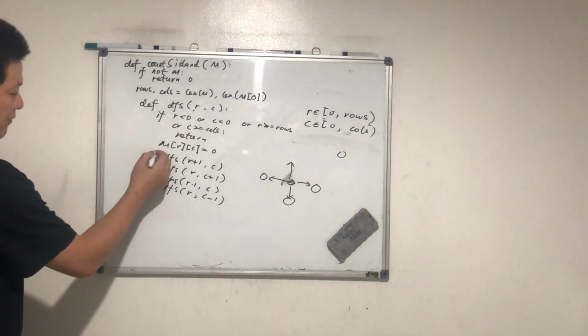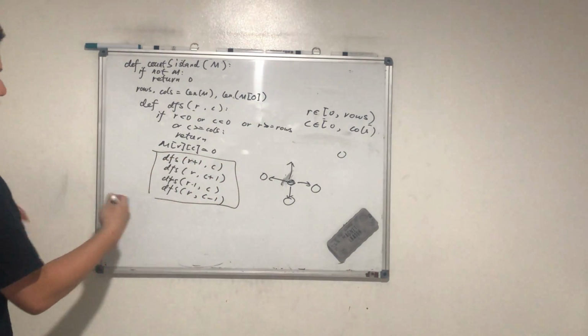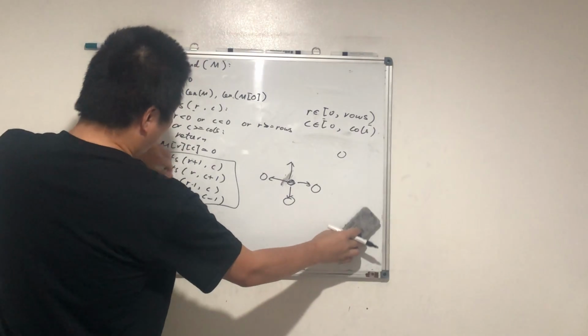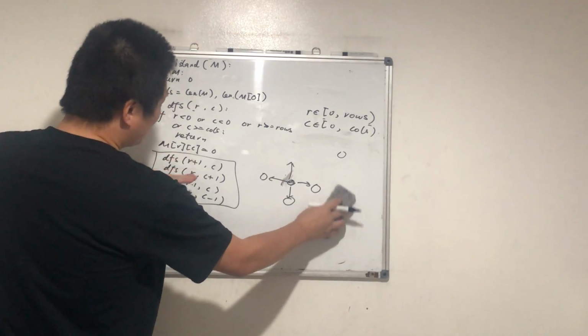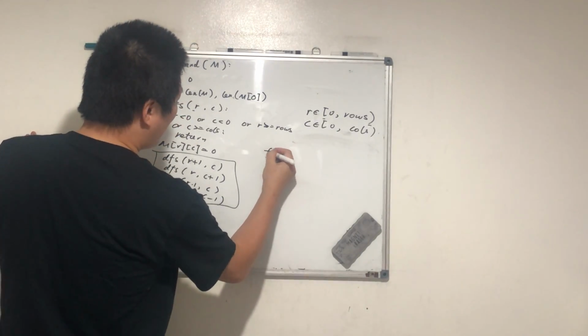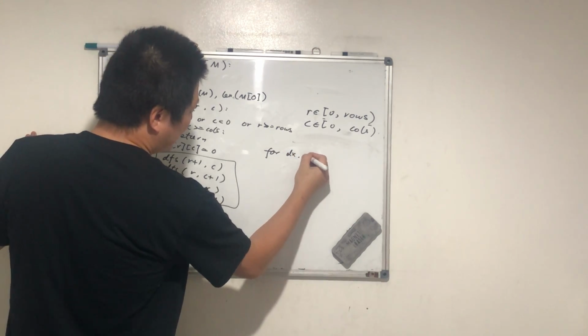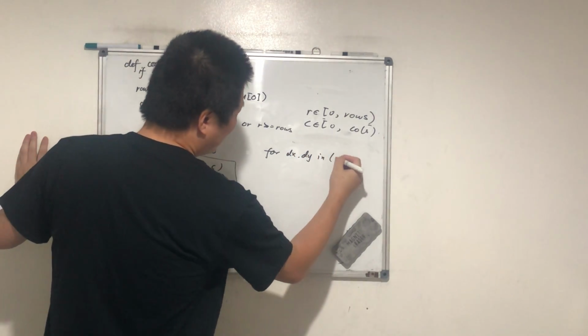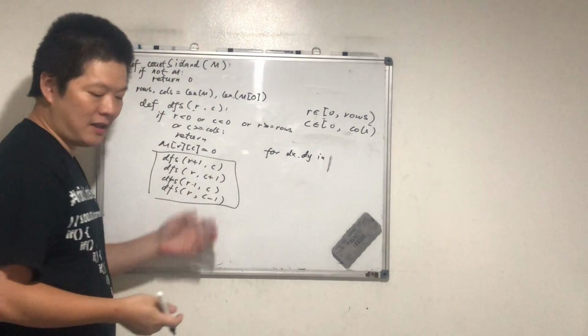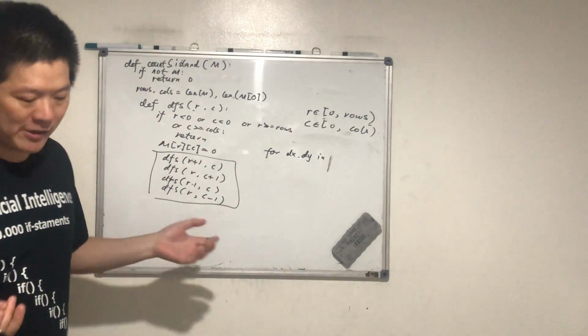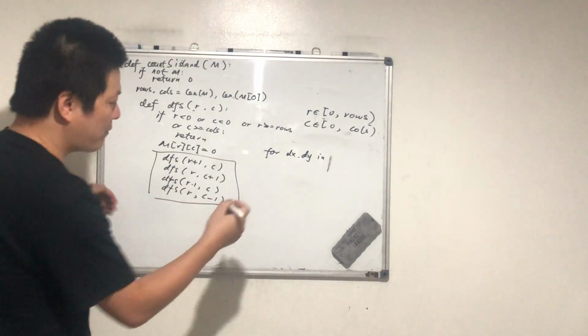Yeah, you can do this in 4 directions, but you can also do a loop. You can just do this: for dx, dy in directions. What's dx? What's dy? They're just the 2 variables to define the offset.